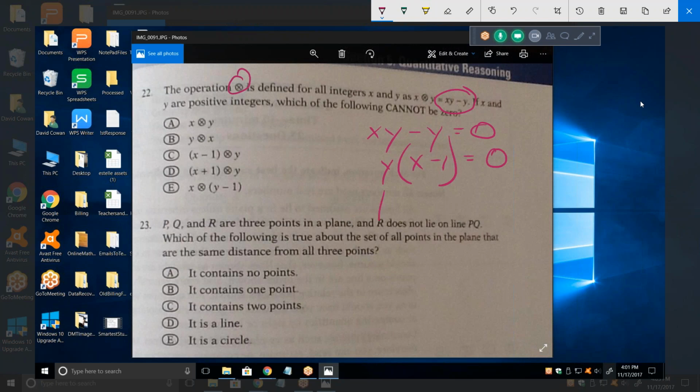So either that can be 0 or that can be 0. And y can certainly be 0. Right. So this could be y, I mean, excuse me, that could be 0. Because this means that.